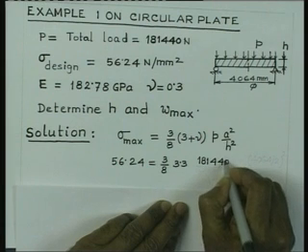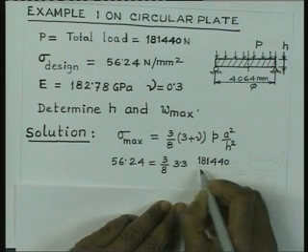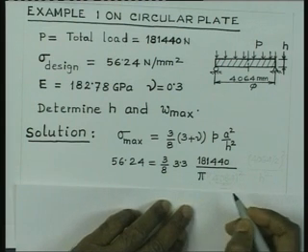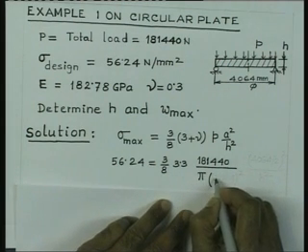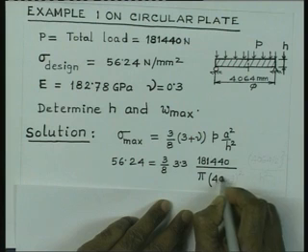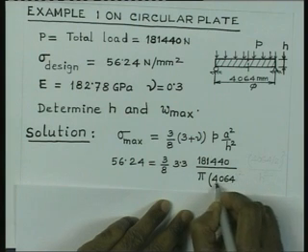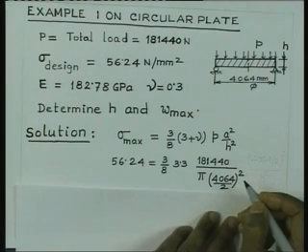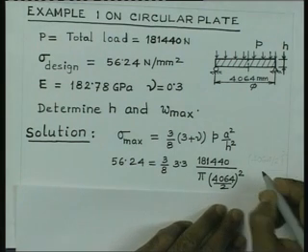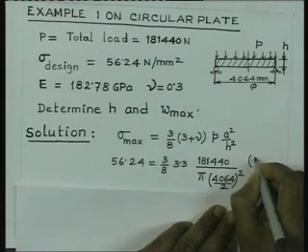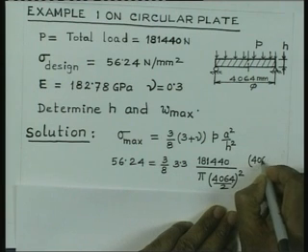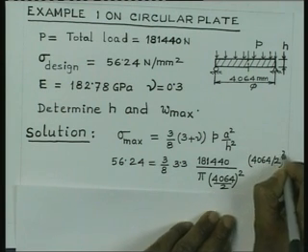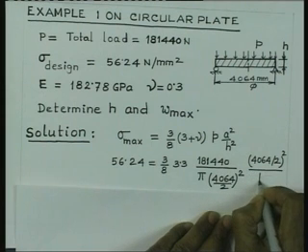1,81,440 Newton, and now we divide by the area, which is pi d by 2 whole square. That gives us the pressure in Newton per millimeter square, and a square is 4064 by 2 whole square divided by h square.